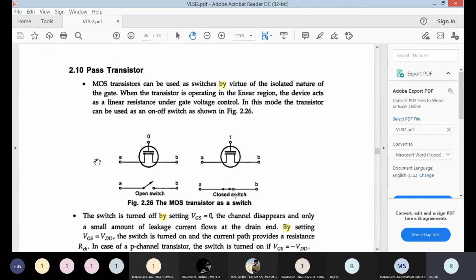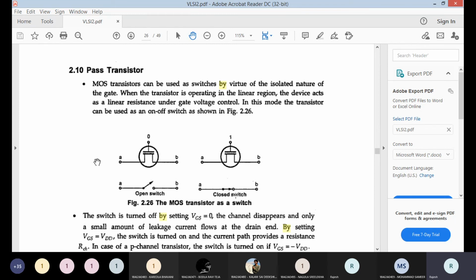So what is this pass transistor? NMOS devices are poor in transmission of logic 1, and PMOS devices are poor in transmission of logic 0. There is a drop of threshold voltage due to the channel requirement. So whenever you apply input logic 0, you get logic 0 at the output if the device is on, if it is a closed switch.